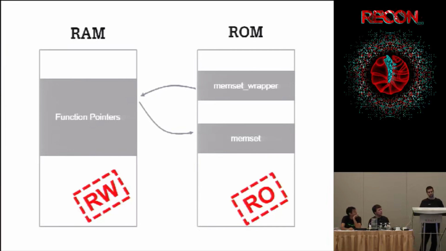For example, if Broadcom discover a bug in their memset implementation, they can just update the memset pointer in the function table, and that way all the memset calls will jump to their new memset implementation. This was very crucial to us because it allowed us to patch what was otherwise read-only code.